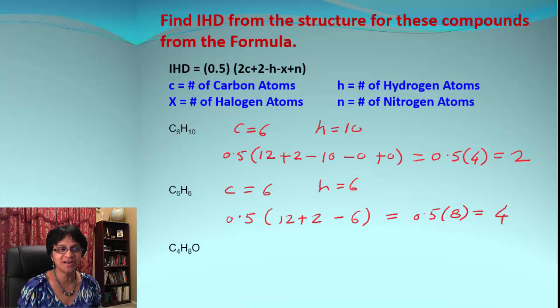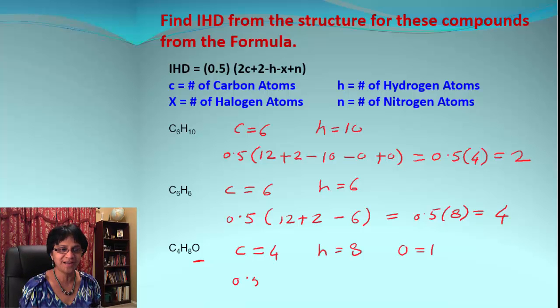Look at the next one. This compound here has one oxygen atom. Let's see what difference it makes. So the number of carbon atoms is 4, hydrogen atoms is 8, and oxygen atoms is 1.